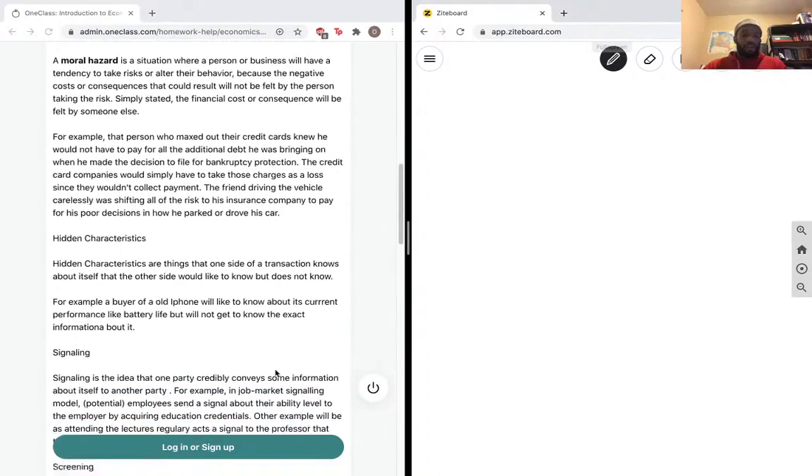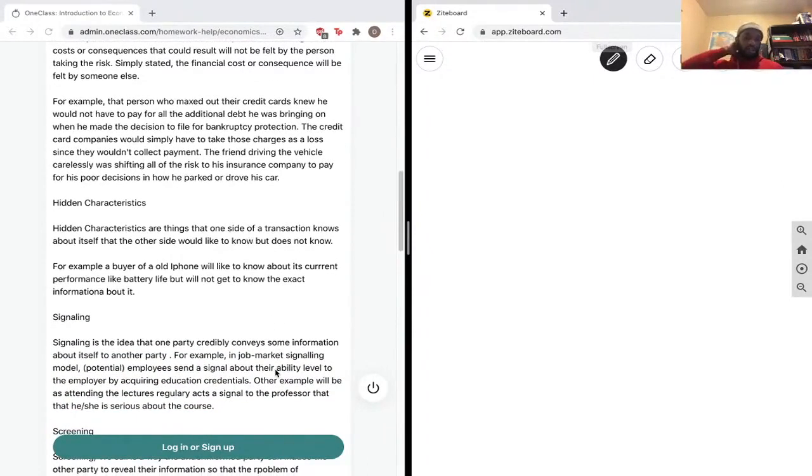Next definition is hidden characteristics. Hidden characteristics are things that one side of a transaction knows about itself that the other side would like to know but doesn't know. For example, a buyer of an old phone will likely want to know about its current performance, like battery life, but will not get to know the exact information about it.